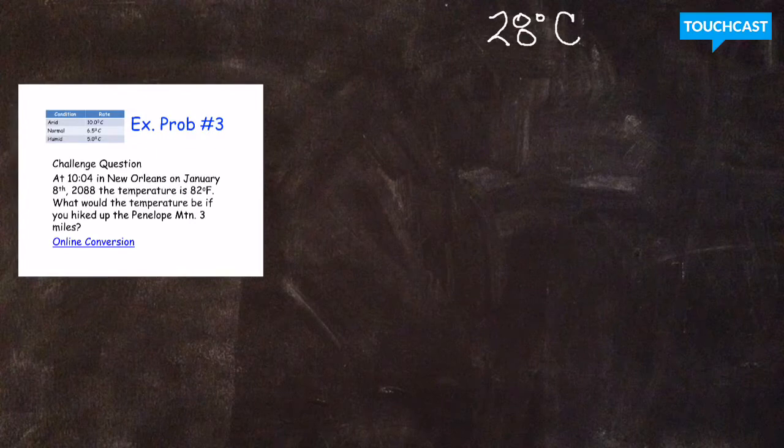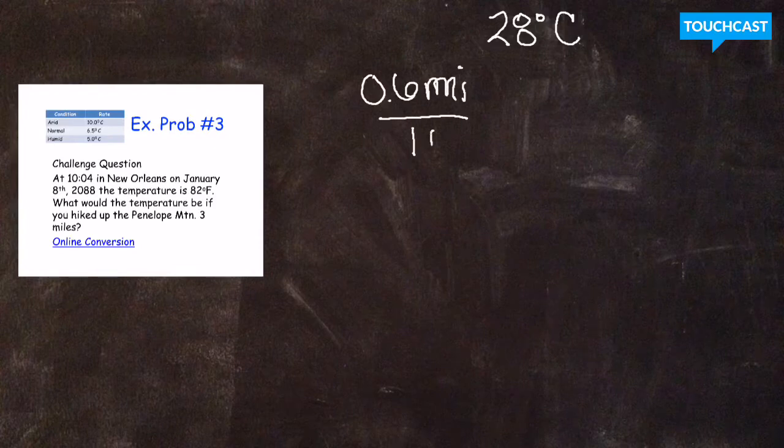Now, the next thing that we need to know is how many kilometers are in 3 miles. So again, we could use an online conversion, or we're going to show our work and impress our teacher, which is what she wants us to do anyway. So you need to know or look up that there's 0.6 miles in 1 kilometer.